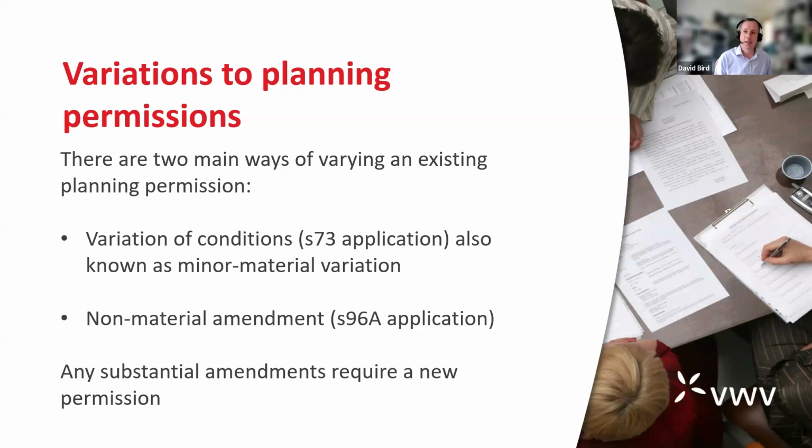First is formerly known as a Section 73 application, colloquially known as minor material. And then there is formerly known as a 96A application, more informally known as a non-material amendment. Neither can be used on listed building consents, it should be said. So let's have a look at Section 73 itself.